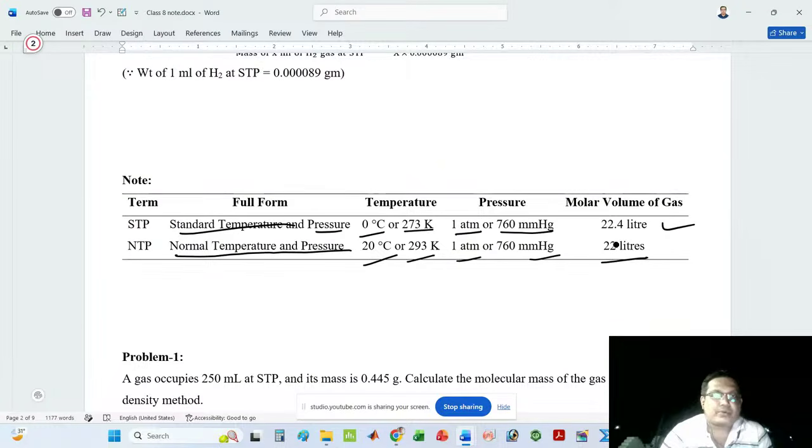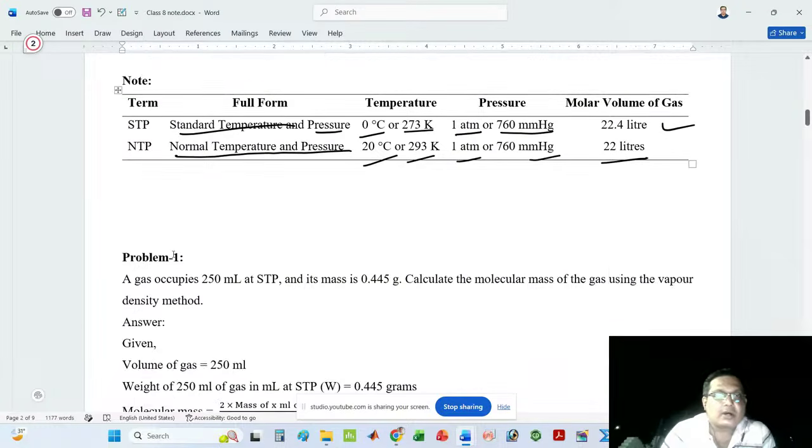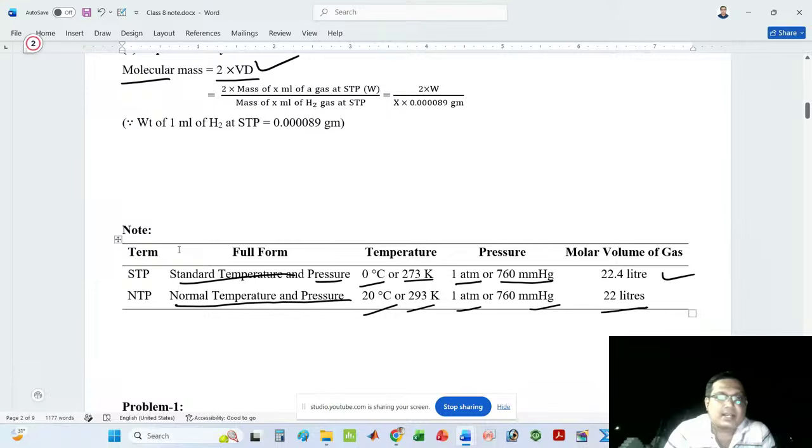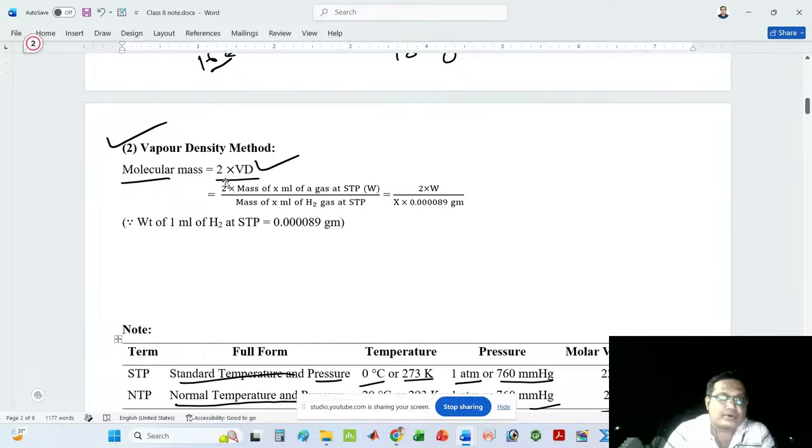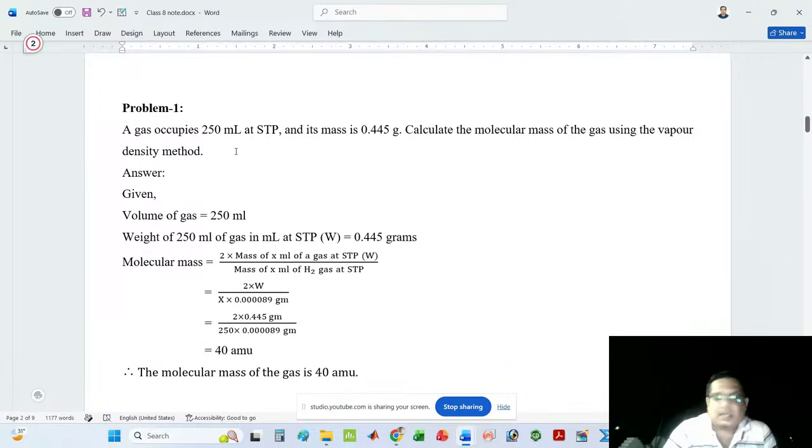Take a problem. By using this formula, I will explain a problem. A gas occupies 250 ml at STP, and its mass is 0.445 gram.